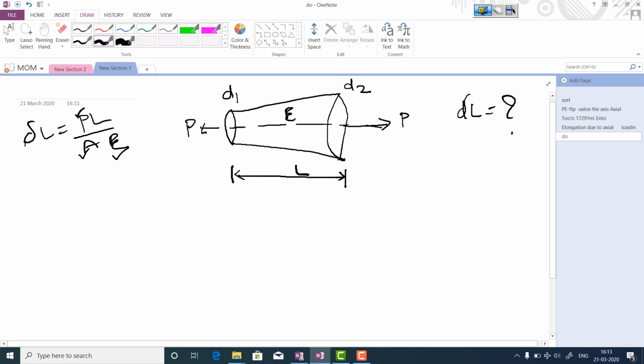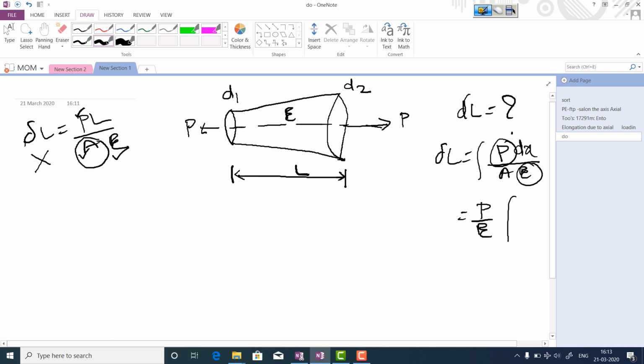Load is constant, but area is varying in this case, so we can't use this equation. We need to go for the other one, and that says integration of P dx by AE. So here P and E are constant, so we can take them out of the integral sign, so the remaining is dx by A.